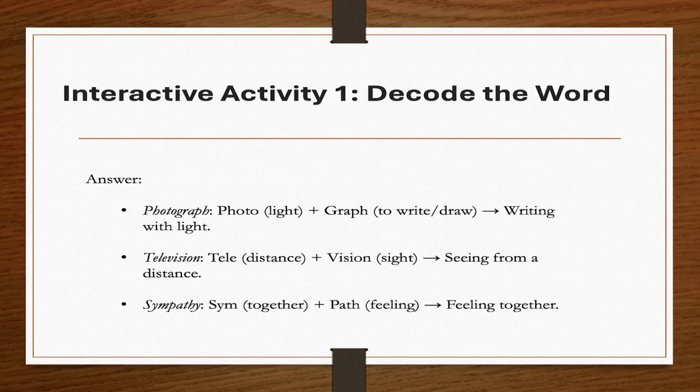Now, here's the answer to this. Photograph: basically, this is how this word has evolved. Photo means light, graph means to write or draw. Writing or drawing with light. Earlier, photographs used to be clicked with the help of light.